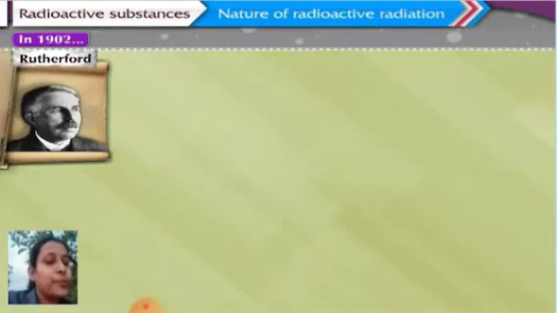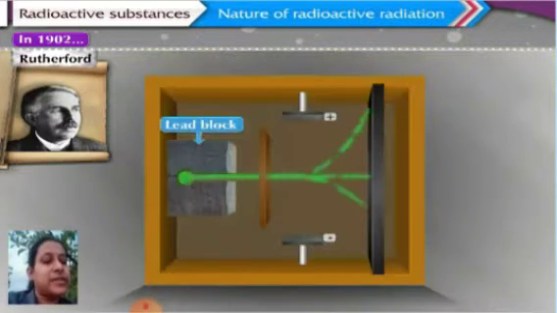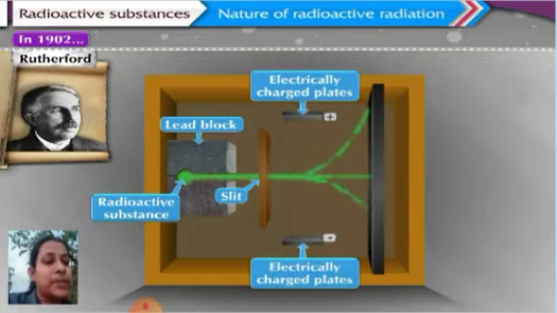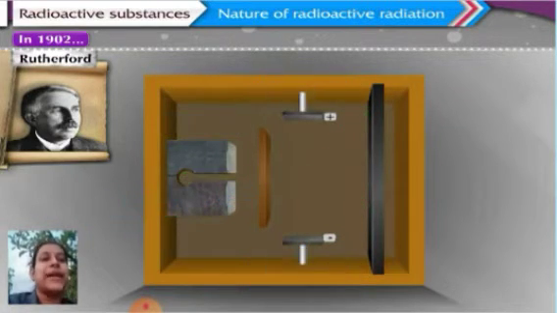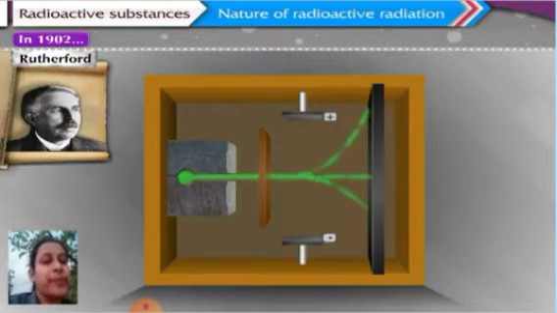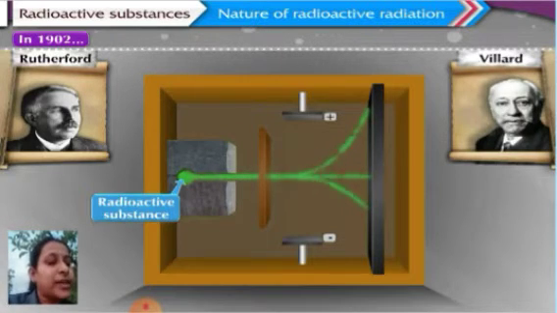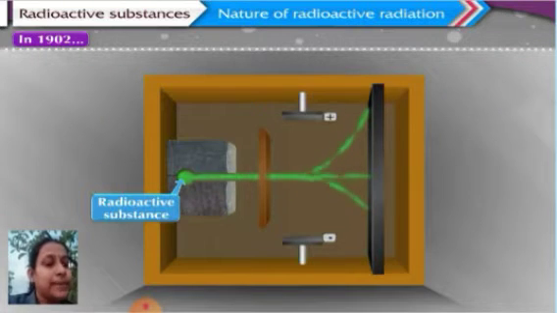In 1902, Rutherford and Willard studied the radiation emitted by radioactive substances. The rays were allowed to pass through an electric field, and they could see that these rays could be separated into three different types.